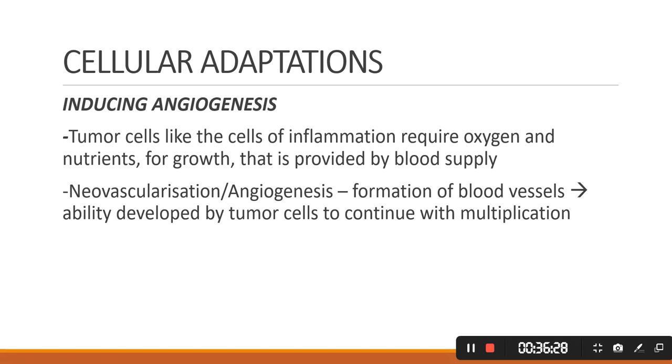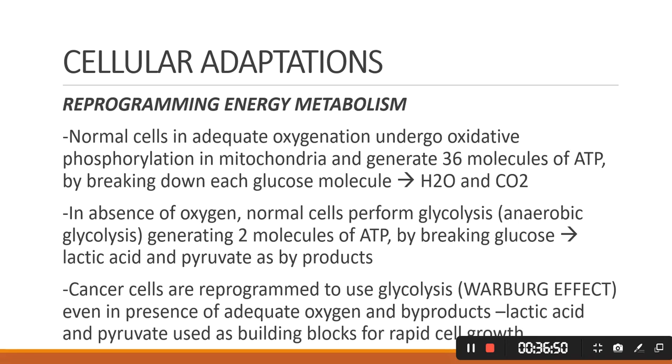So for the tumor cells to multiply continuously, they kept on making new blood vessels. As they kept on making new vessels, the tumor cells kept on dividing because they got their supply of oxygen and nutrients, right?